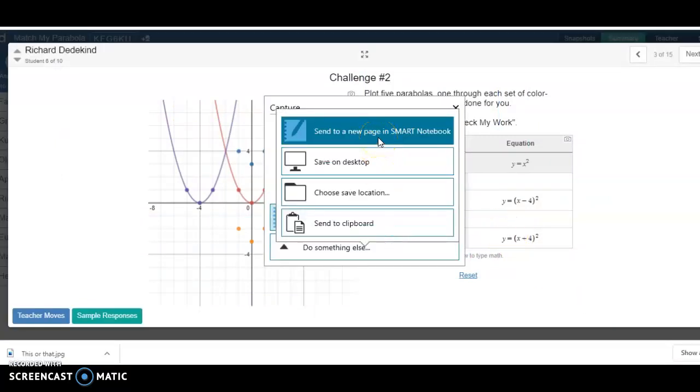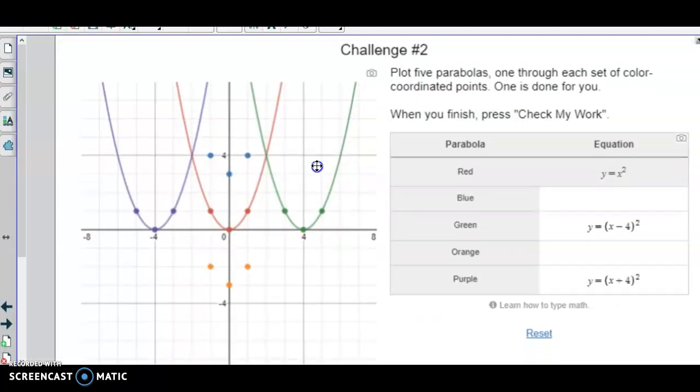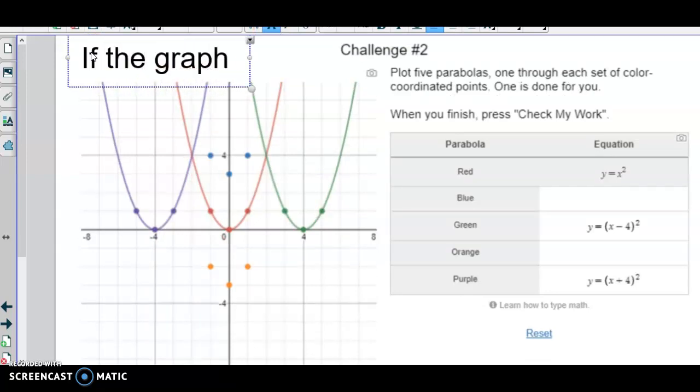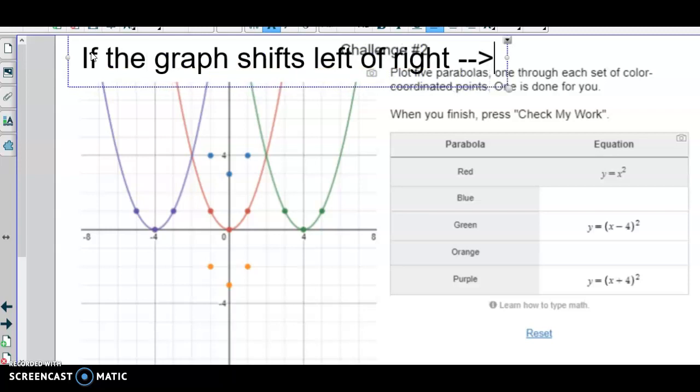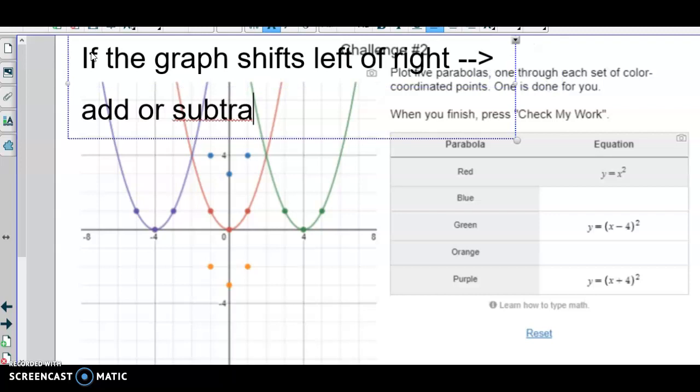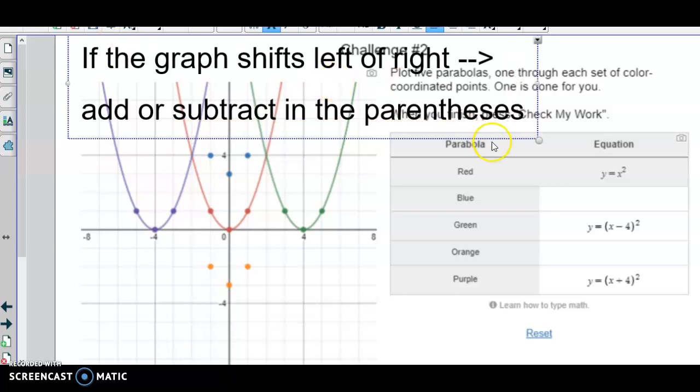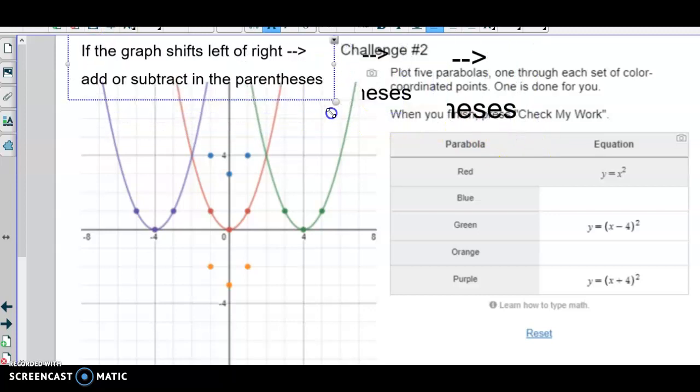Let's write that down as a rule, because this student recognized that if the graph shifts left or right, you add or subtract in the parentheses. That was really excellent how this student came up with that. I would be really interested to know how they did it.